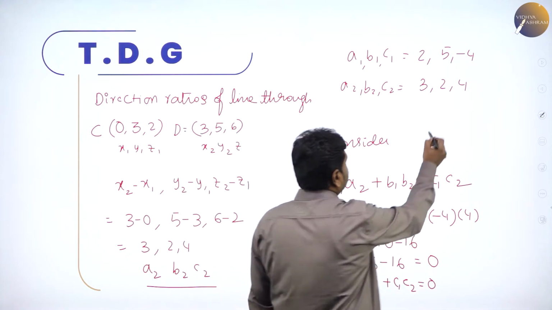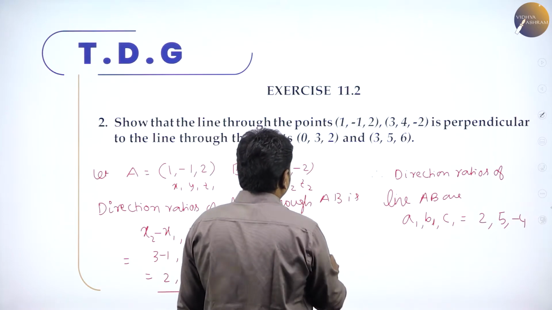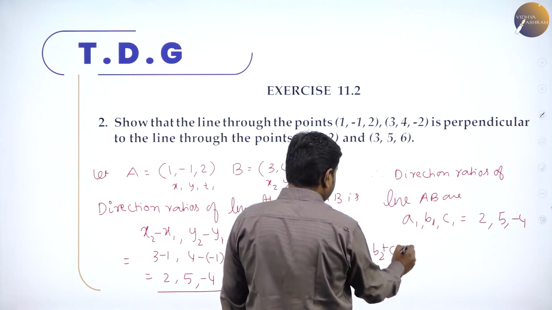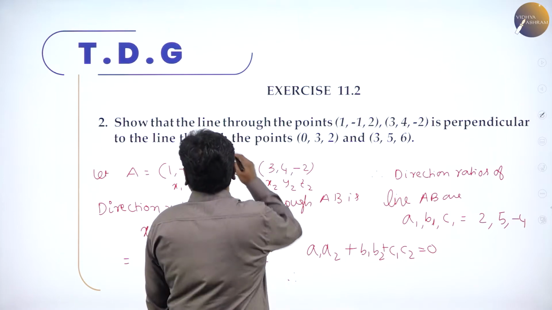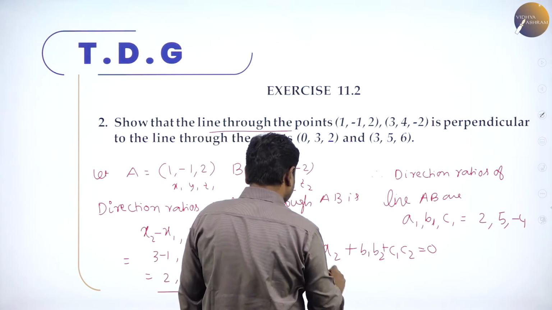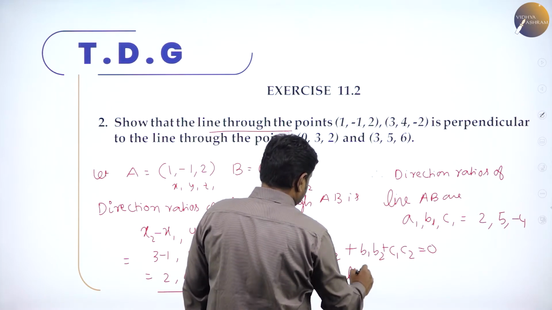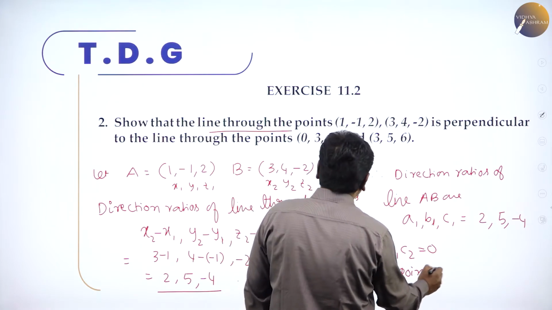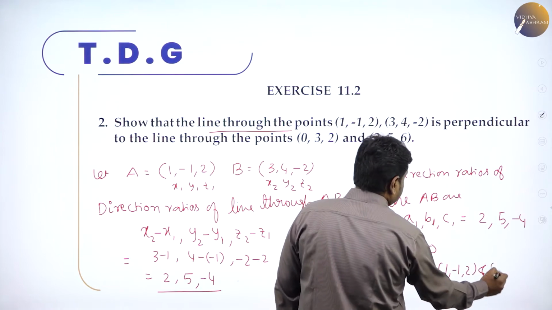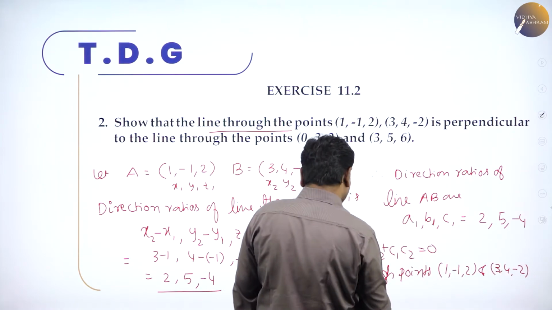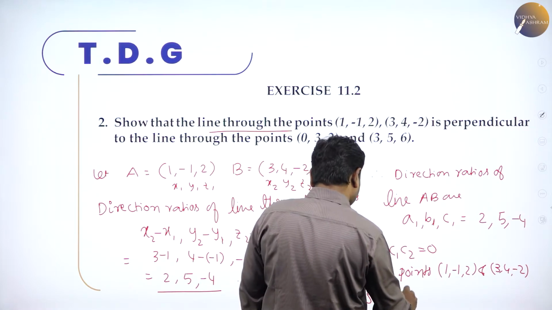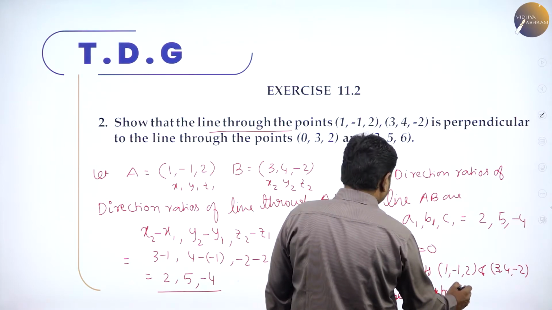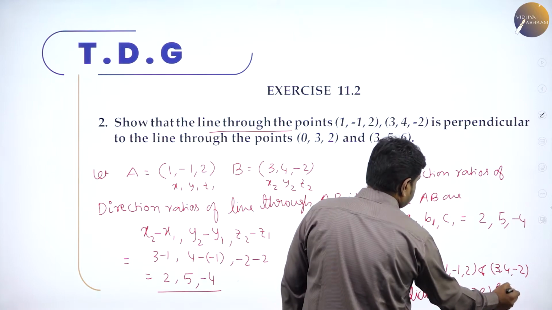Therefore, what is the conclusion? The lines joining the points are perpendicular. So we write the conclusion: a1 a2 plus b1 b2 plus c1 c2 value we got is 0. Therefore, the line through the points 1, minus 1, 2 and 3, 4, minus 2 is perpendicular to the line through 0, 3, 2 and 3, 5, 6.